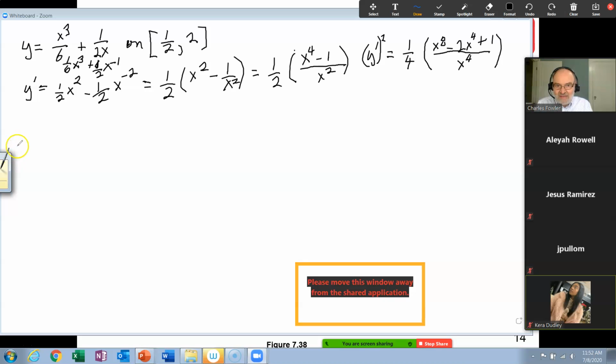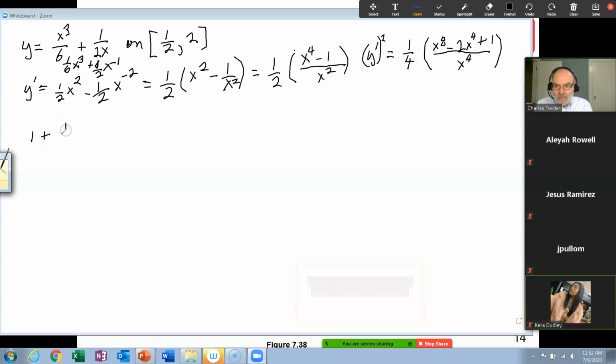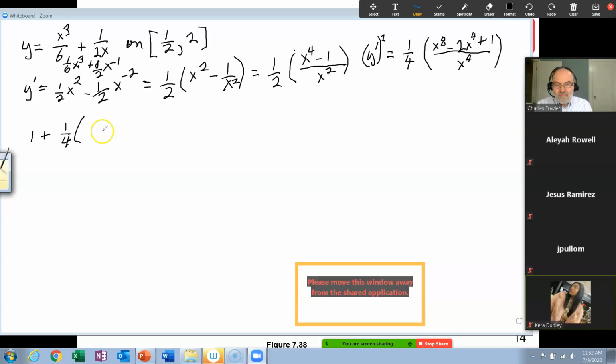If I can find my cursor here, there it is. So we're going to do 1 plus 1/4. Now, trying to think if I really want to. I think I do. Okay, x to the 8th over x to the 4th is x squared.